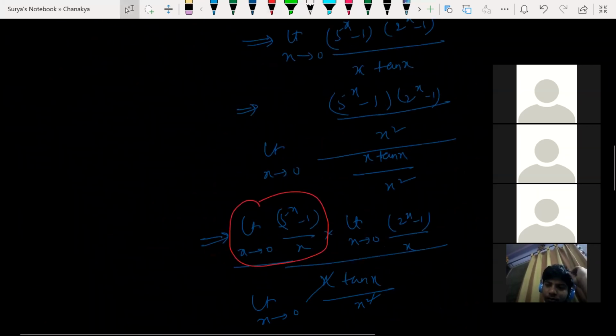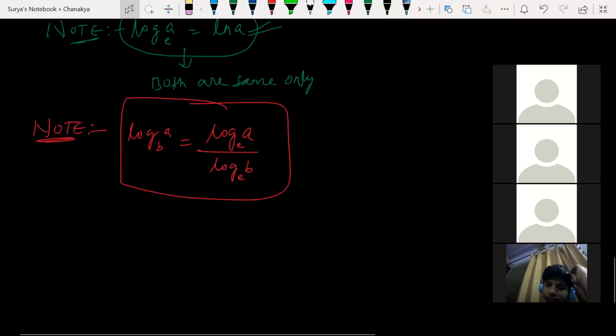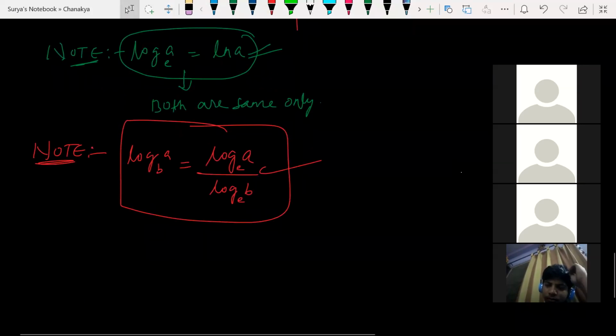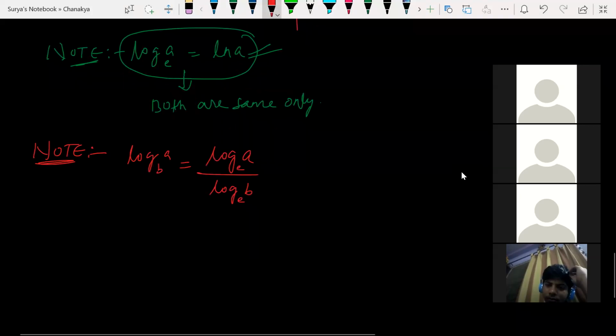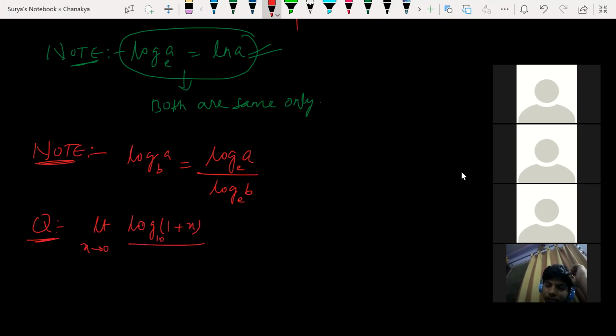So look at this here. Same formula I wrote here. If you want, you can write it again, no problem. Now we'll solve the question. Limit x tends to 0, log of 1 plus x base 10, divided by x. What is the answer of this?